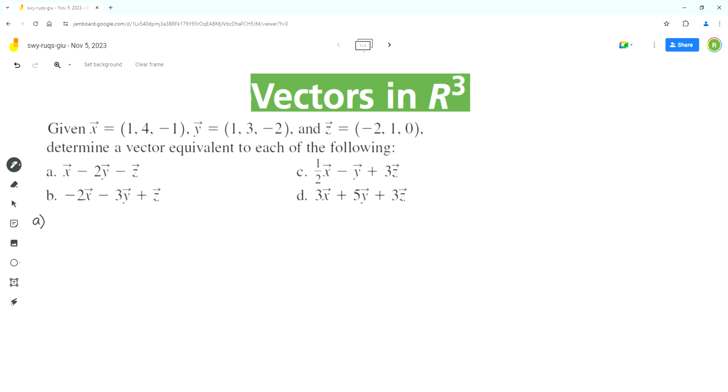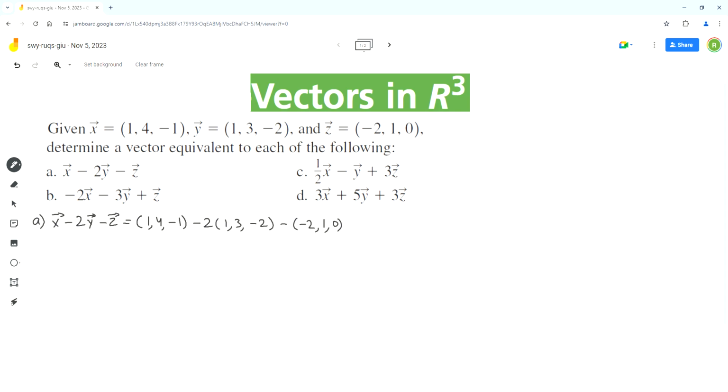So we should sub in the vectors for x, y and z in this expression. Now we have to do the scalar multiplication.